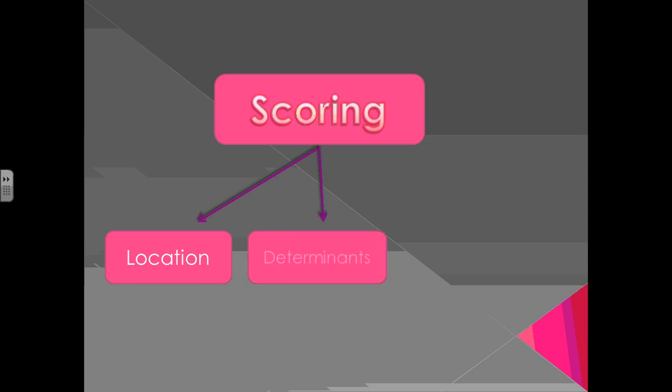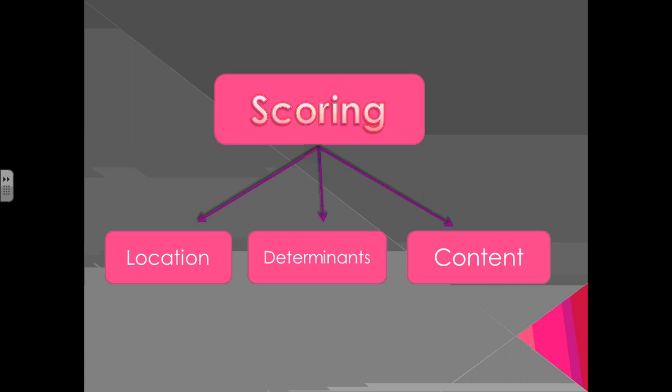The subject's responses may be scored in terms of three categories. The first is location. The second is determinants. And the third is content.